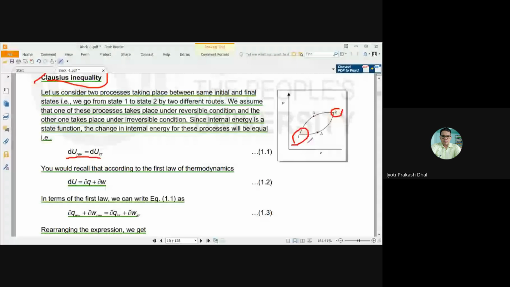The work is going on from the initial to the final state by two different processes or two different paths, that is path A and path B.